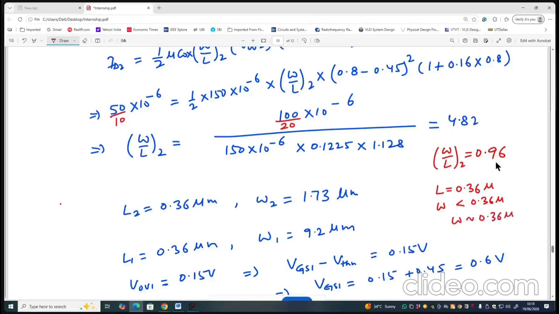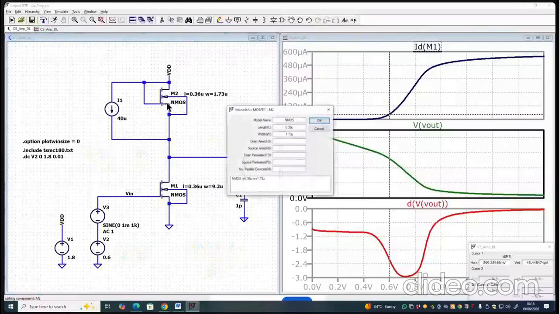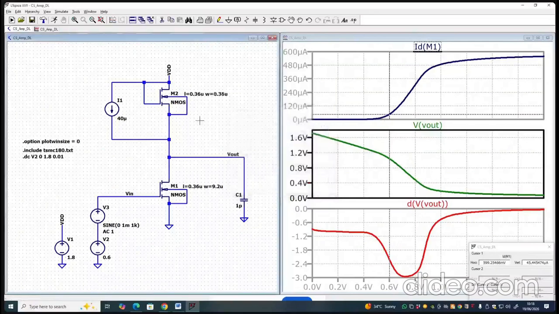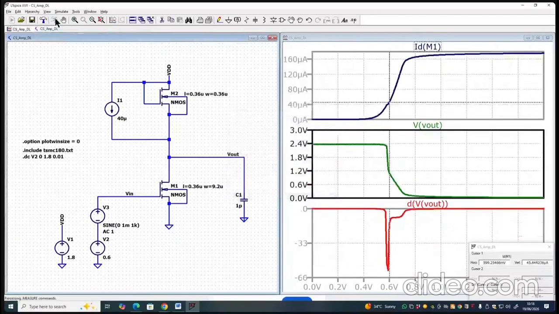So if we take length and width to be 0.36 micron for this transistor, let us see the behavior. Let's take the width also to be 0.36 micron, and let's do this simulation.